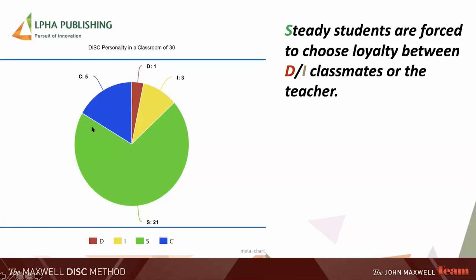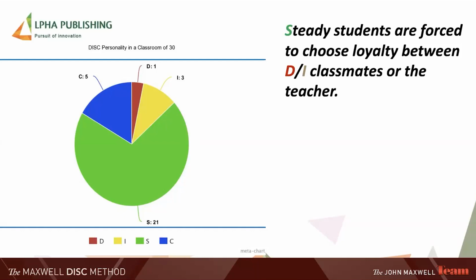You see, steady students treasure loyalty. They treasure friendship. They want to be loyal to you, and they want to be loyal to their friends. They're the ones most susceptible to peer pressure. So if a D or an I classmate peer pressures them and they want to be liked by them, they can turn on their teacher.